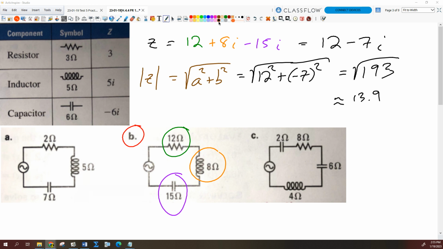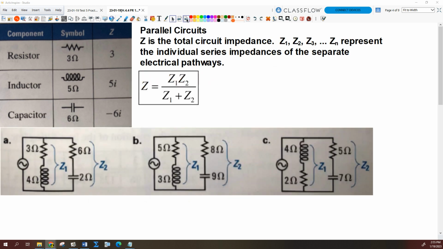Okay, so it gets a little more complicated when you deal with circuits that are in parallel, meaning there's more than one path that the current can take, right? So if we look at example B here, look what happens.